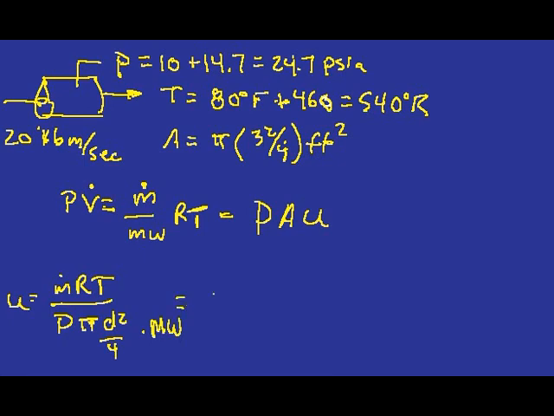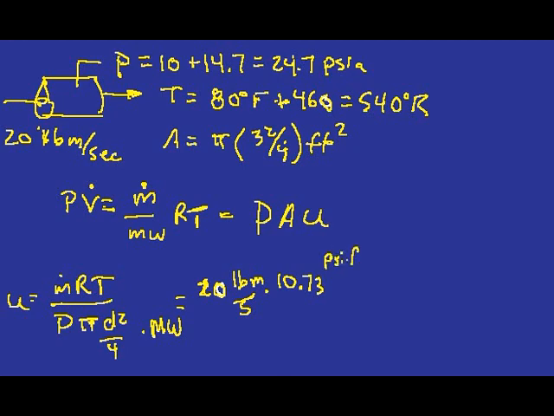Plugging in the numbers, we have 20 pound mass per second times 10.73. That's the R that we're going to use.